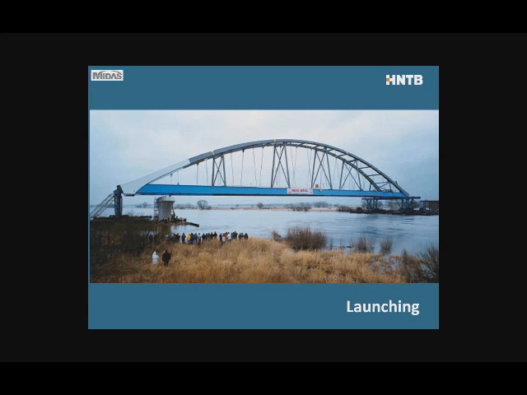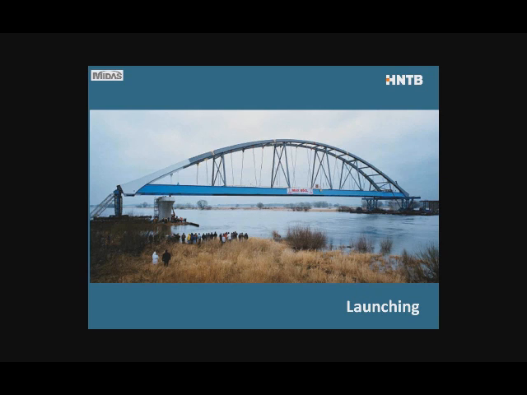Now the last construction method, this is one I don't have a known project. This I borrowed from a brochure from a contract in Germany, Max Vogel. This is a launching arrangement. They do that a lot in Germany, where the arch is built in line with the bridge, so in the future alignment, but slid over onto land, and then the right side in this picture, this is actually a barge.